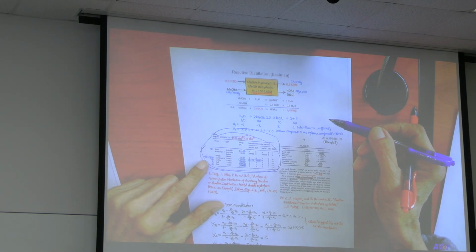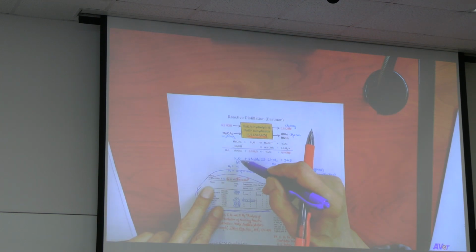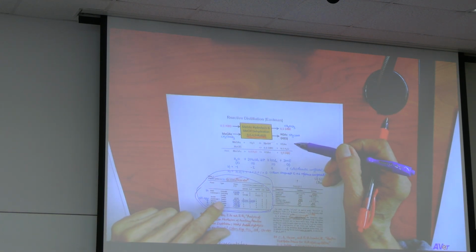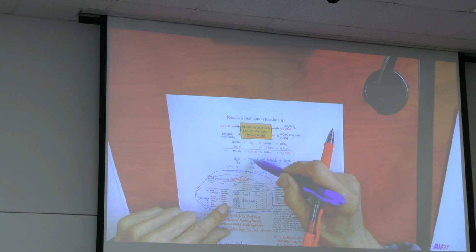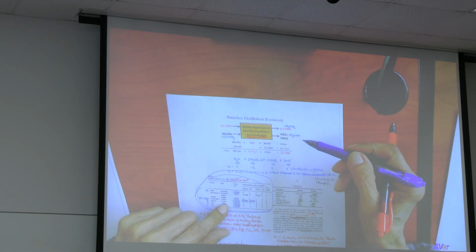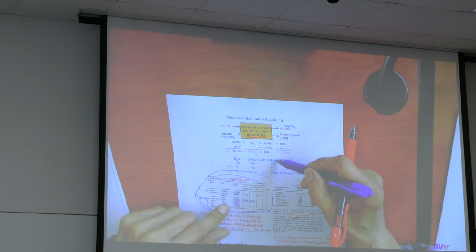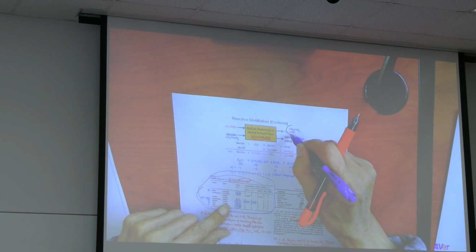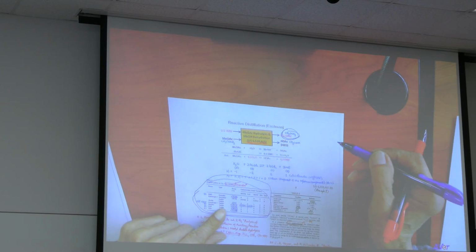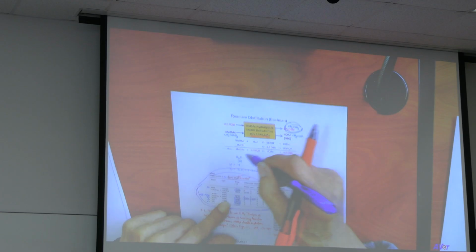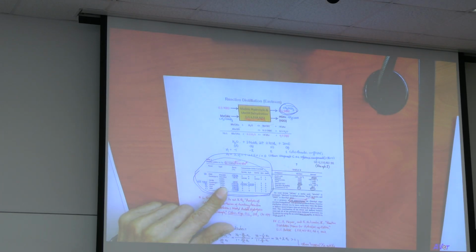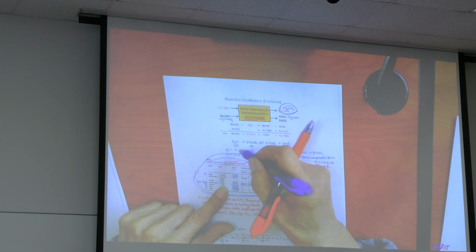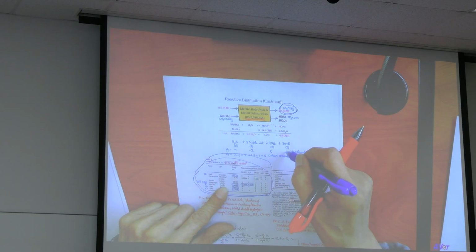Water plus methyl acetate producing acetic acid and DME, which is CH3OCH3. That is the reaction. Mu I is -1, -1, 2, 1.